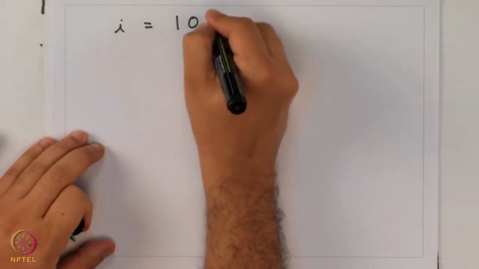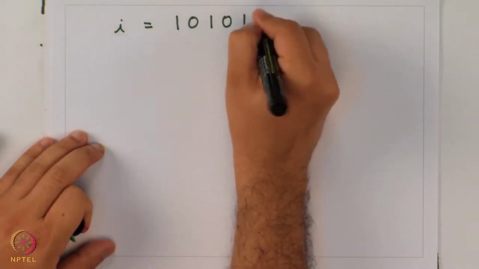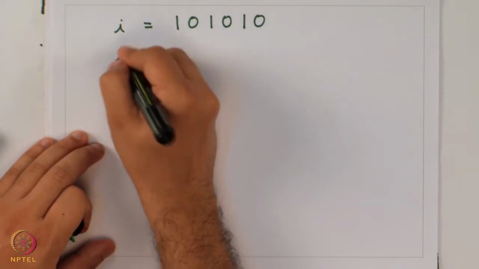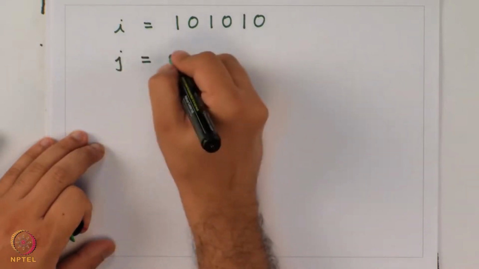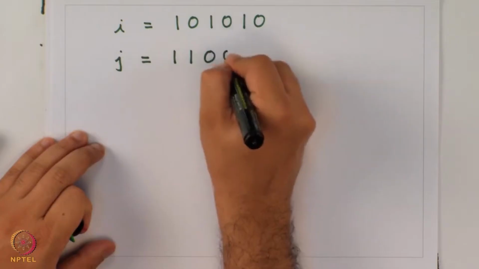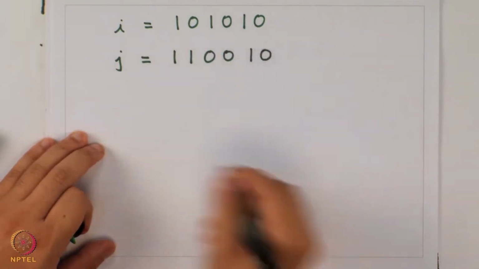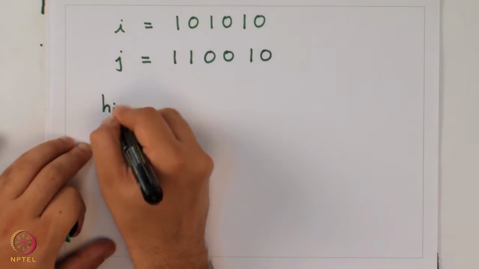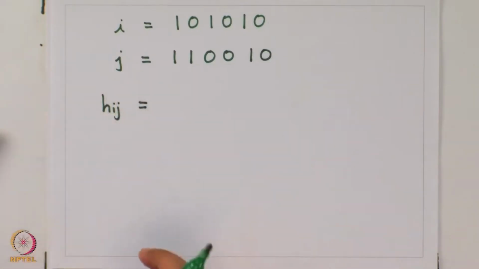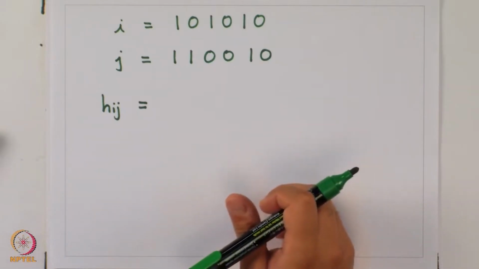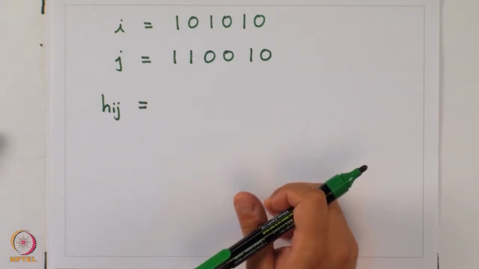So, let us get this clarified with the help of an example. Let us choose sequence I to be 1 0 1 0 1 0, and let us choose sequence J to be 1 1 0 0 1 0, and the Hamming distance between these two sequences Hij is just equal to the number of positions where the two sequences have different nucleotides incorporated in them.